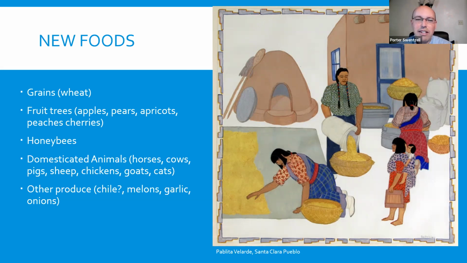And so added to this, you have a lot of other animals like horses and cows and sheep and goats and chickens and everything else, right? And then of course, other kinds of produce like melons and all different kinds of watermelons, cantaloupes, all of that, garlic and onions, right? There's a debate about chile.